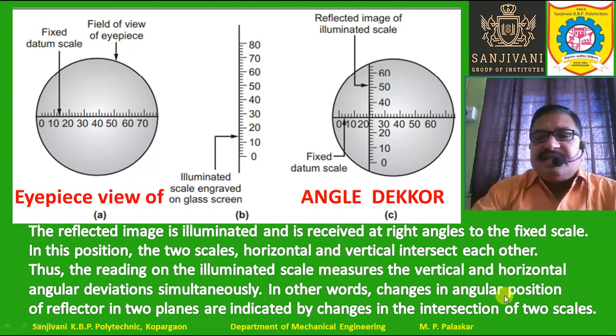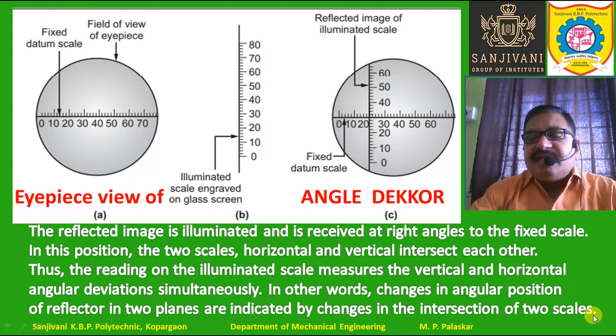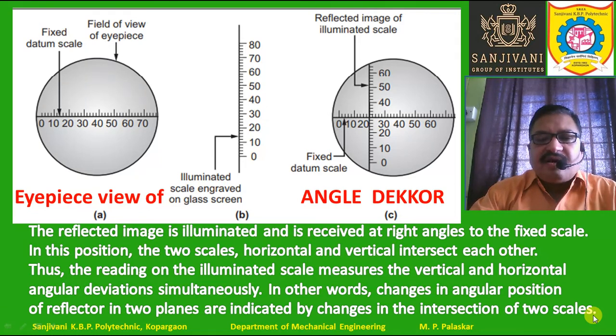So in other words, changes in the angular position of the reflector in two planes, vertical and horizontal, are indicated by changes in the intersection of the two scales. If there are changes in the angular position of the reflector in either of the two planes, vertical or horizontal, the changes can be seen by the intersection of the two scales.